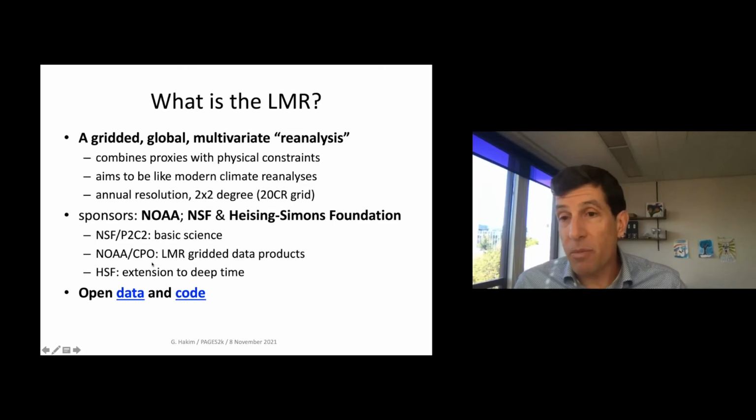And the Heising-Simons Foundation has pushed us to extend these ideas beyond the last millennium into deep time, and I'll share a bit of that with you at the very end of this talk if I have time. As with Sylvia's work with PRISM, everything here is open. The data and the code are online. I don't know if PAGES are going to share this presentation. If they do, the links are there, but it's relatively easy to find with a search.